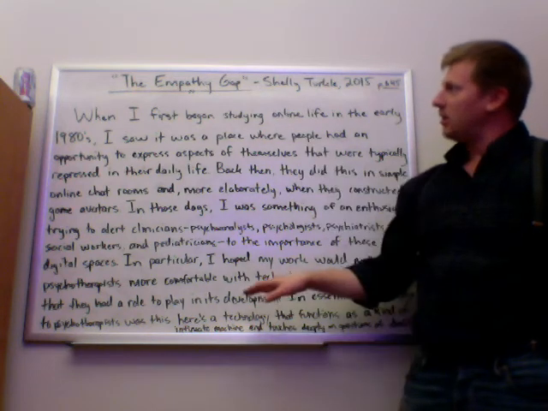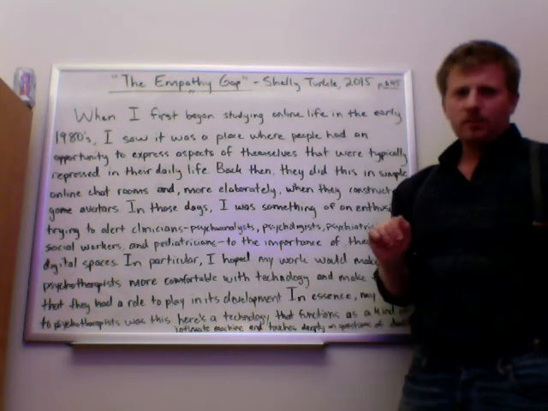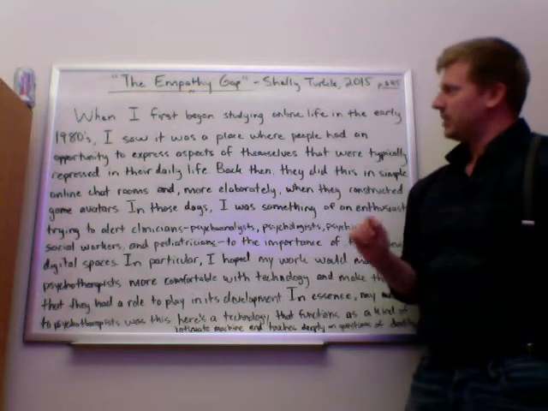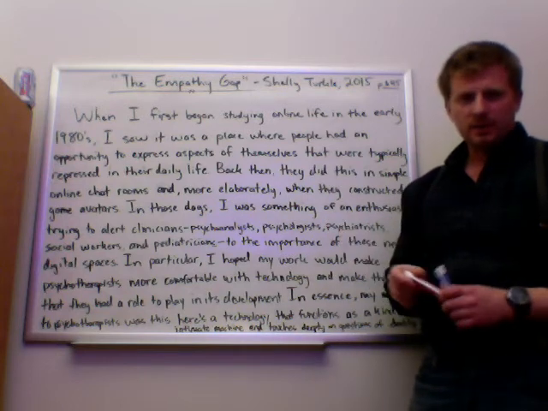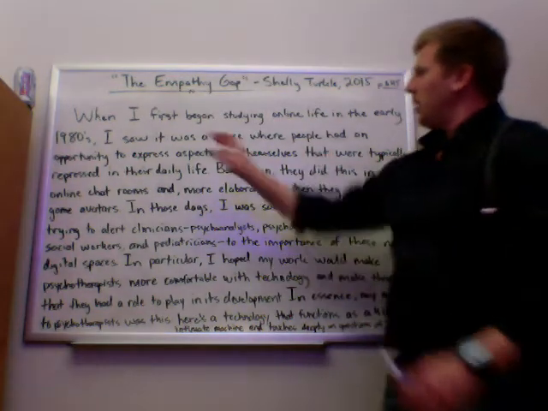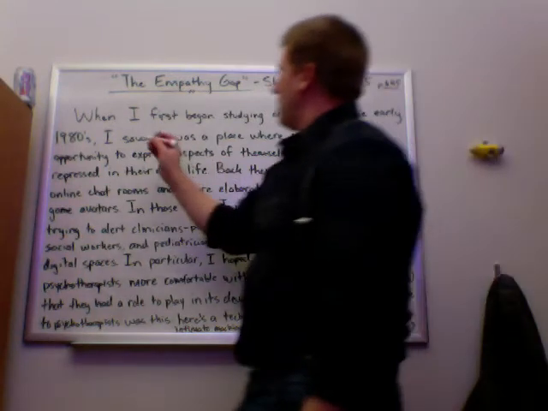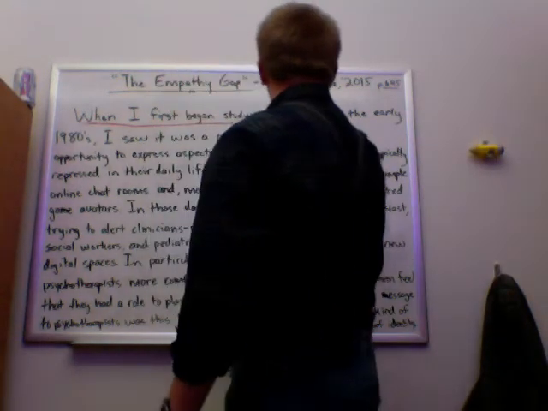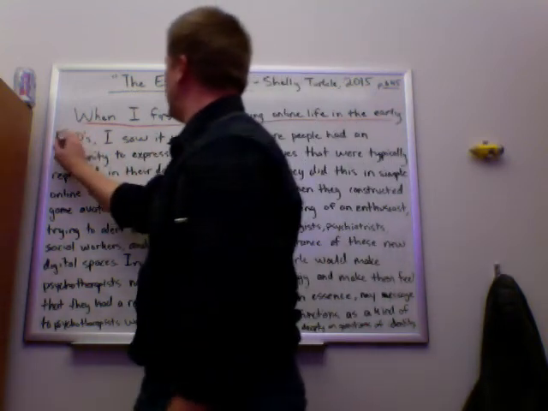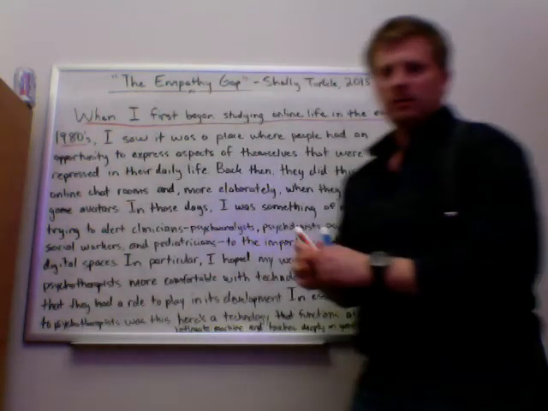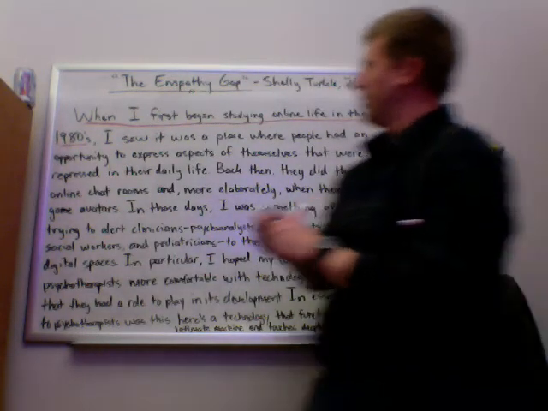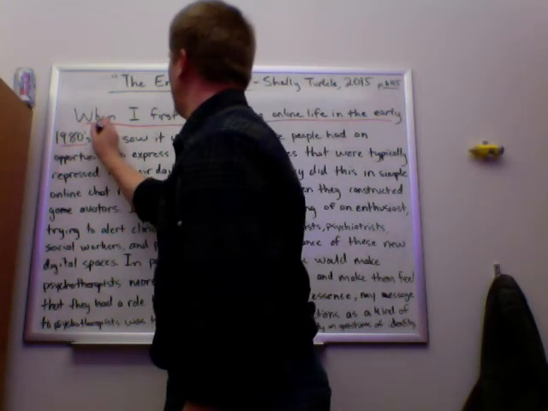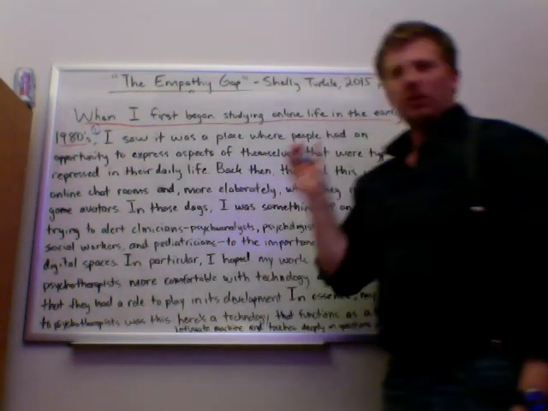So let's look at Sherry Turkle, The Empathy Gap, in order to analyze how her sentences are working. It starts out, "When I first began studying online life in the early 1980s," okay, this is part one of her first sentence. She's giving us a time here, something to stick to.